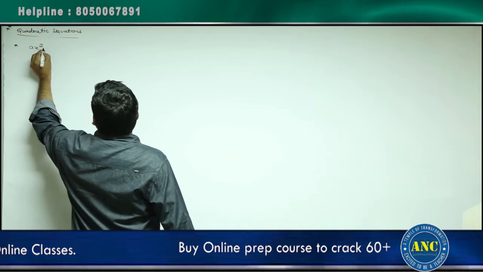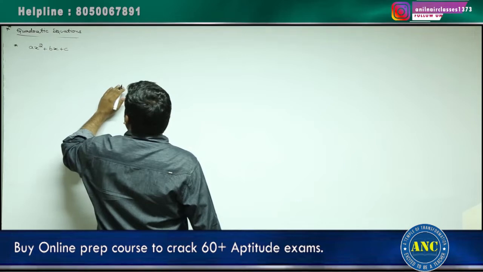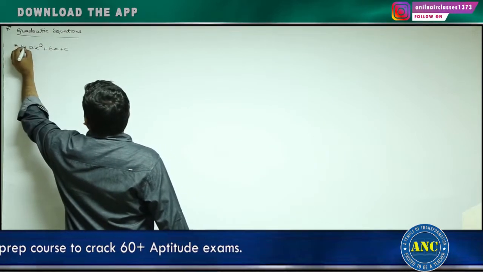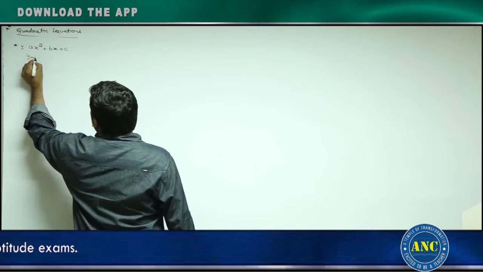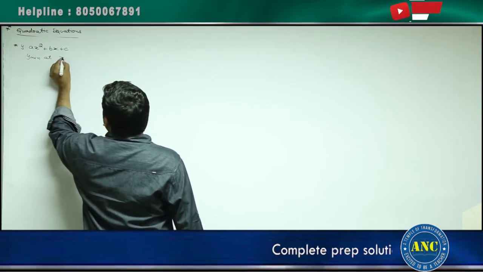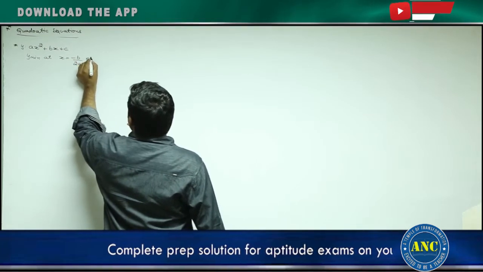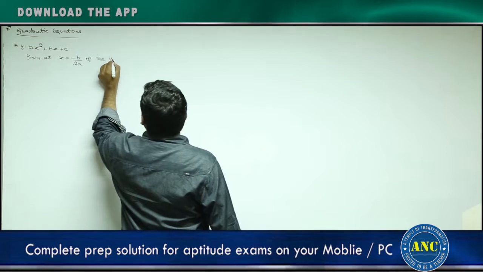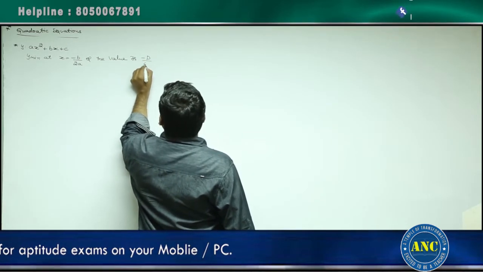First write down this point. For ax square plus bx plus c, if I call it y, the minimum value will be at x equivalent to minus b by 2a, and the value is minus D by 4a.